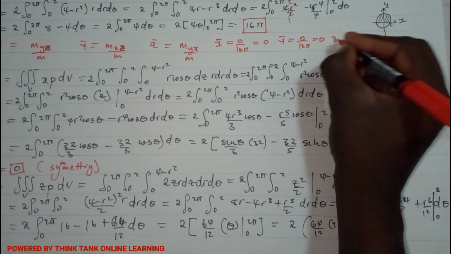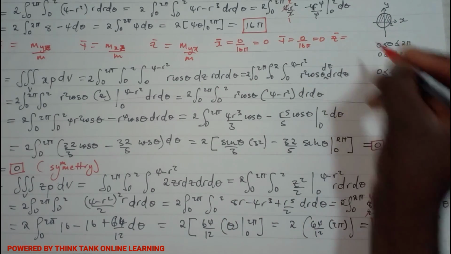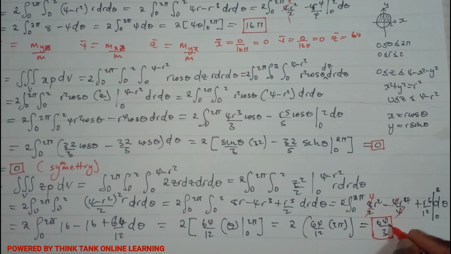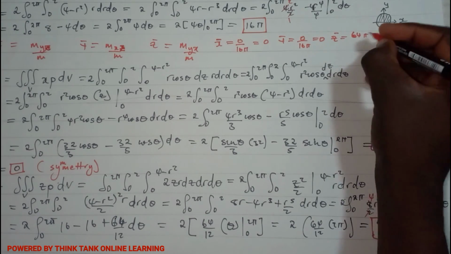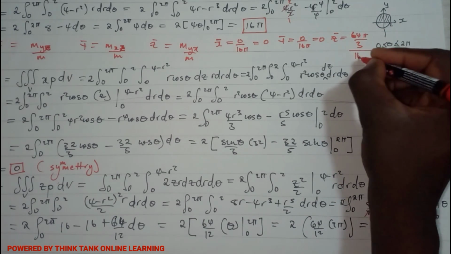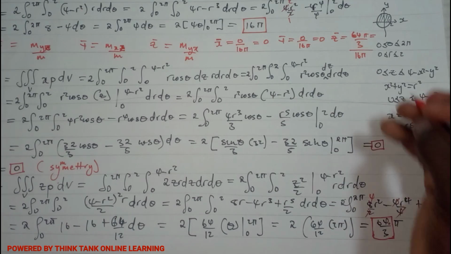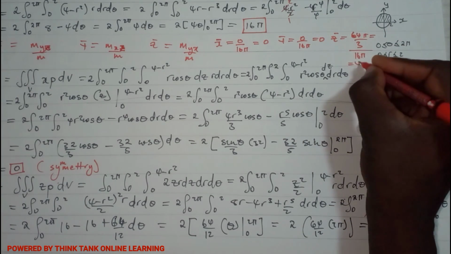Now for z bar, we have 64 pi over 3 divided by 16 pi, and what is going to be our answer? 64 divided by 16 is 4, so we get 4 over 3.